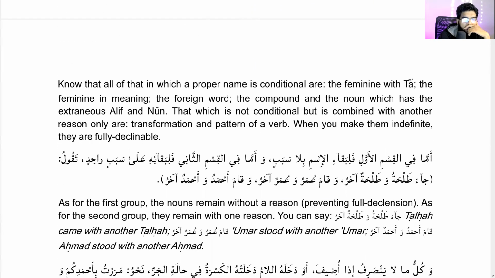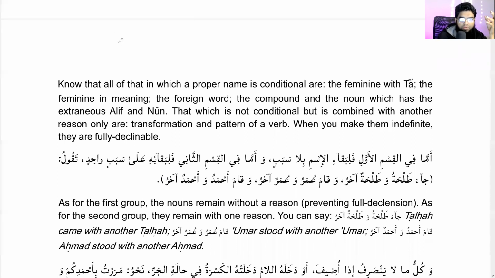Okay. أما في القسم الأول فلبقاء الاسم بلا سبب. As for the first group, the noun remains without a reason preventing full declension. وأما في القسم الثاني فلبقائه على سبب واحد. As for the second group, they remain with one reason. تقول جاء طلحة وطلحة آخر. So he just divides the bigger group.